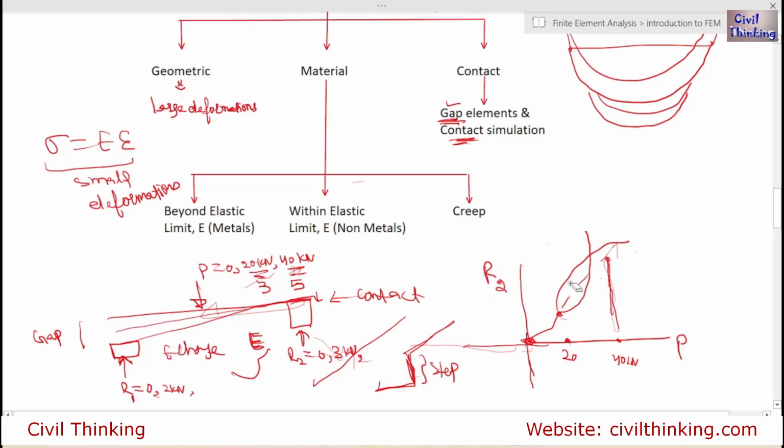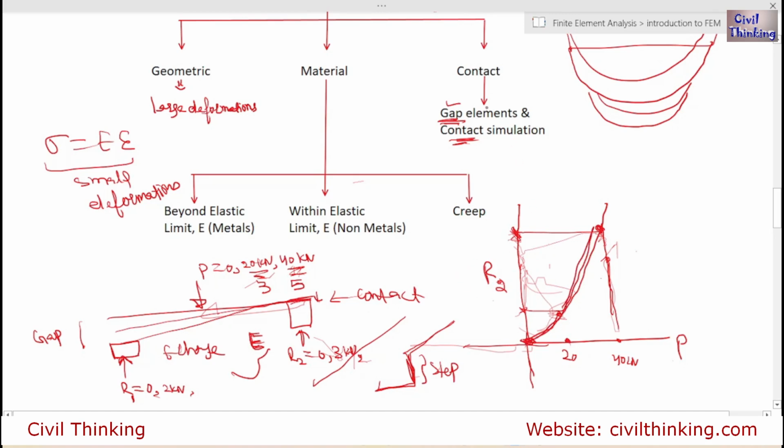So for example, let us say it changed like this. So this is the reaction now at 40. Here it was the reaction at 20, and here it is the reaction at 40, and the basic concept is it is not linear.